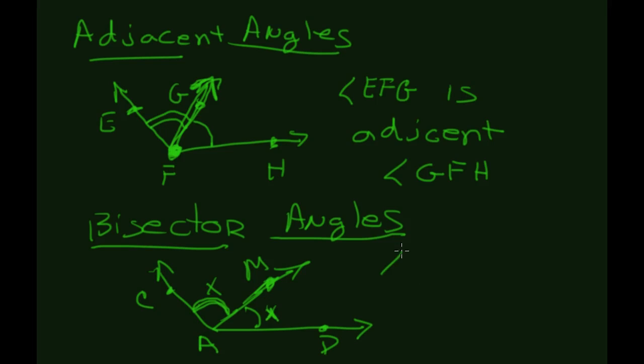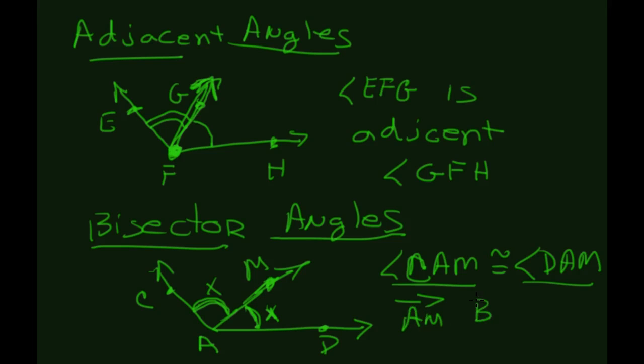So this means that angle CAM is congruent to angle DAM. So these two both have the same measure, therefore they are congruent angles. If that's the case, then I say that ray AM is the angle bisector, so it bisects angle CAD. So we're CAD, not CAC, CAD. Awesome. So we're saying that this ray is the bisector of that angle.